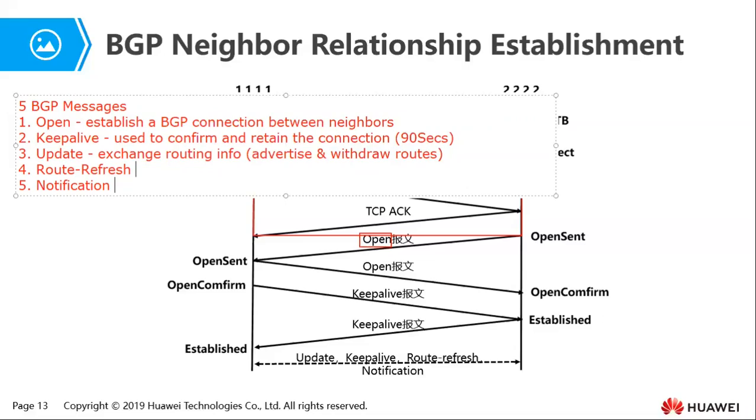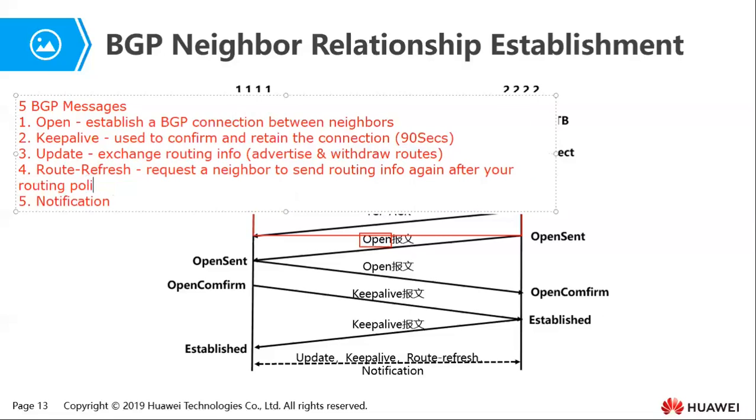Then you have route refresh. Route refresh is used when you request a neighbor to send routing information again after your routing policy changes.